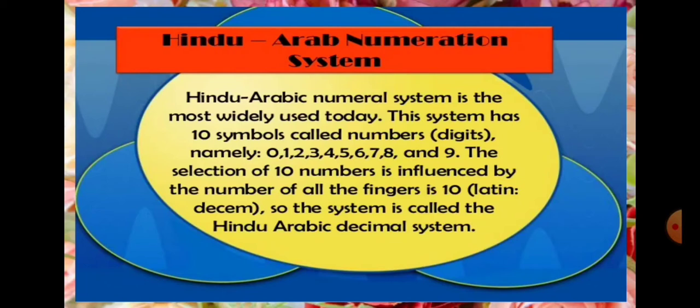The selection of 10 numbers is influenced by the number of all the fingers, which is 10. So the system is called the Hindu-Arabic decimal system. The numbers have come from India, but when these numbers were converted into symbols, they became Roman numbers.